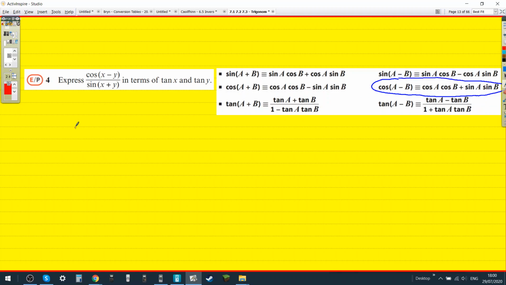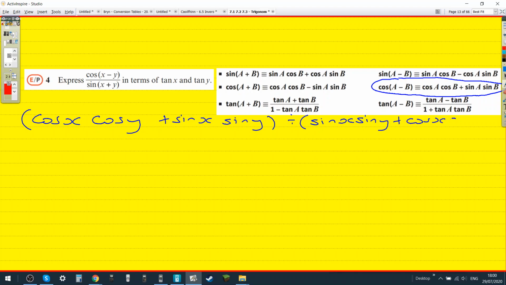Cos x cos y plus sine x sine y. Yeah. And then over sine x plus, so sine x cos y plus cos x sine y. I'm going to do it as two different things divided. Plus cos x cos y.